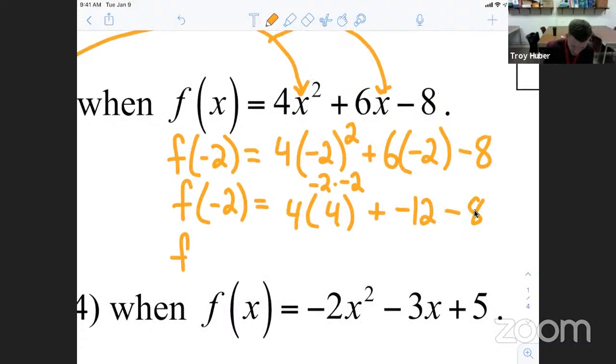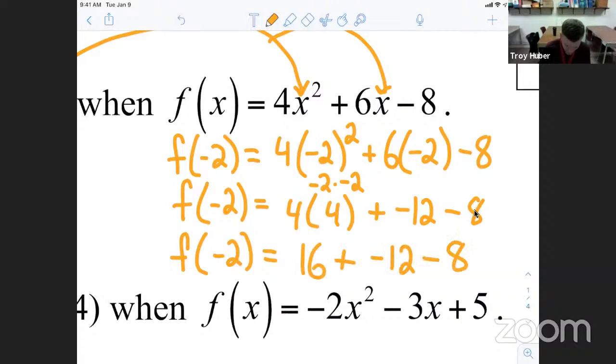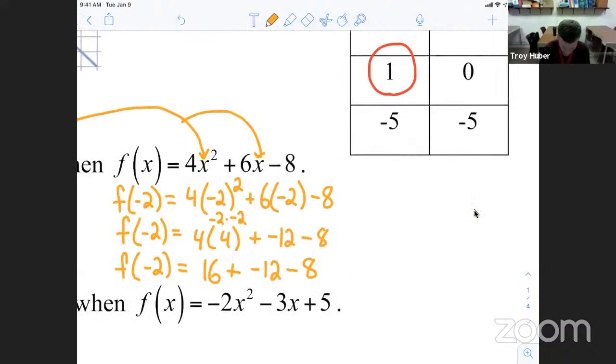So f of -2 is equal to 4 times 4, which is 16, plus -12 minus 8. Almost done. f of -2 is equal to 16 plus -12, which should give us 4. And then we have 4 minus 8, or 4 plus -8.